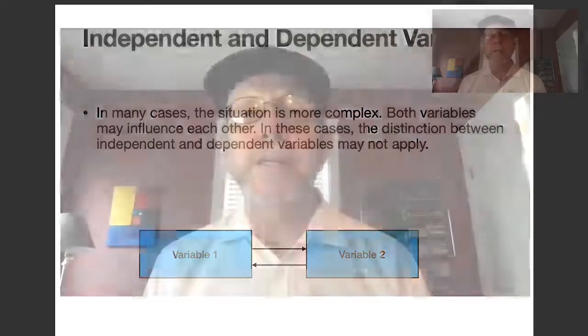An example here that would come to mind is from economics. In fact, economics has a wealth of examples like this. For instance, if you look at stock prices and bond prices, they influence each other and often in opposite directions.